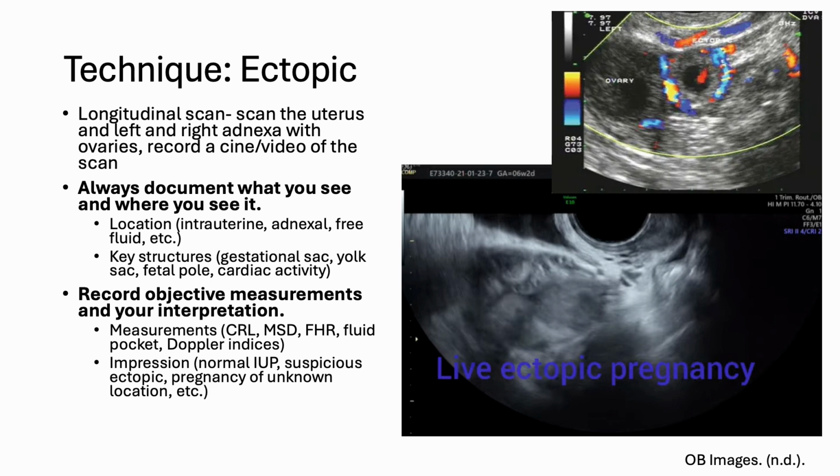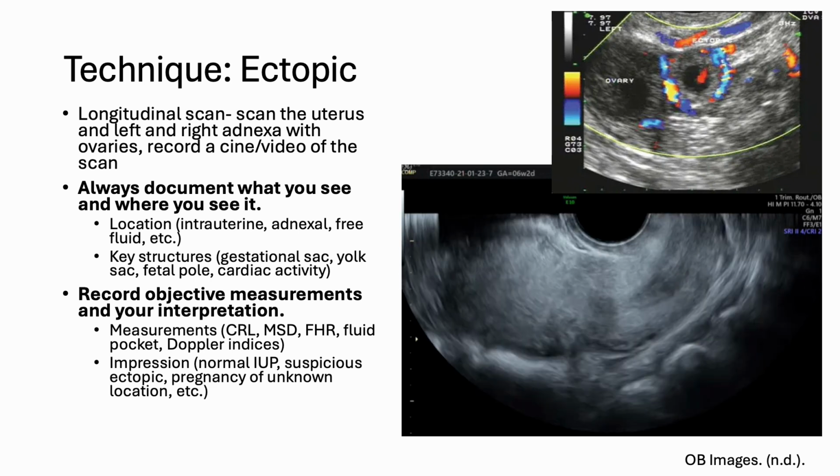If you aren't sure about an ectopic, you can say suspicious ectopic. If you can't see anything at all, pregnancy of unknown location. And I always recommend that you have a second person do an ultrasound, especially if the uterus is empty and you're still learning. Have somebody that's more experienced come behind you and do an ultrasound.